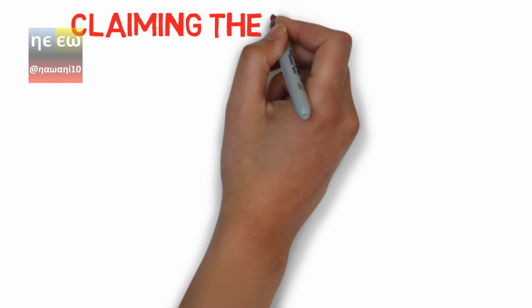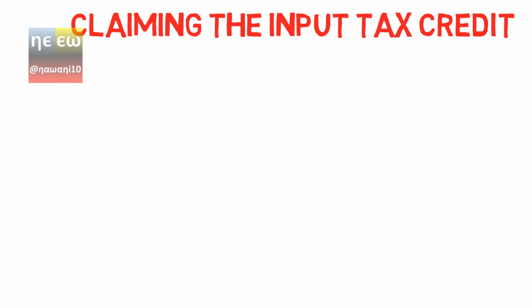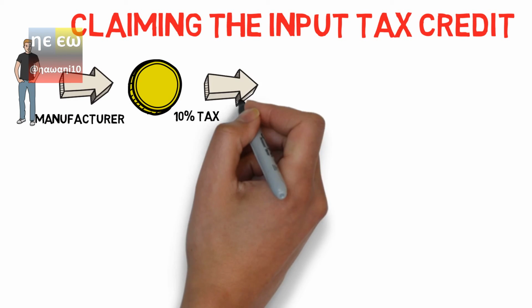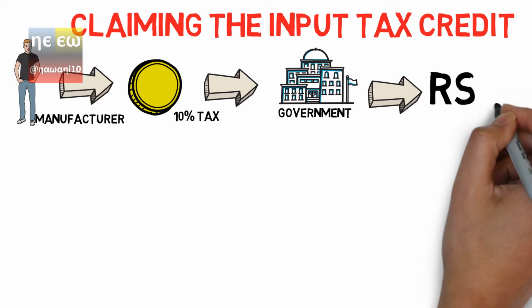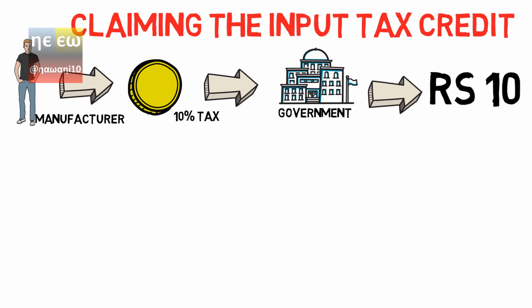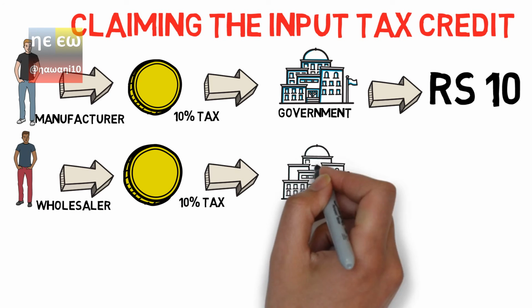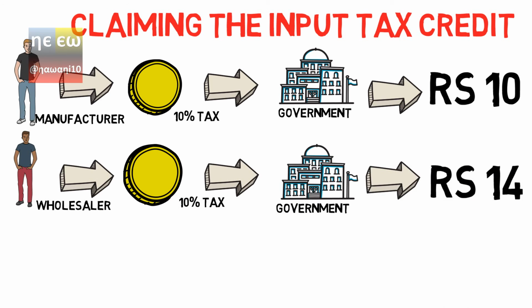Claiming the input tax credit in GST. The manufacturer pays 10% tax to the government equals rupees 10. After purchasing t-shirts from the manufacturer, the wholesaler pays 10% tax to the government equals rupees 14. But the wholesaler actually pays rupees 4 as tax, since the manufacturer had already paid rupees 10 tax before.